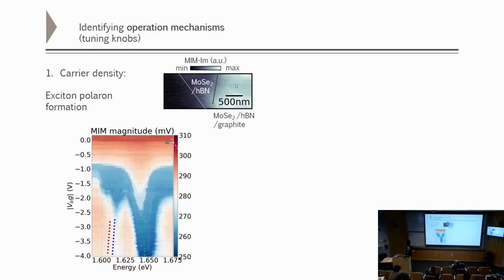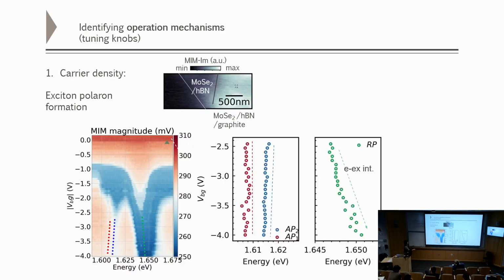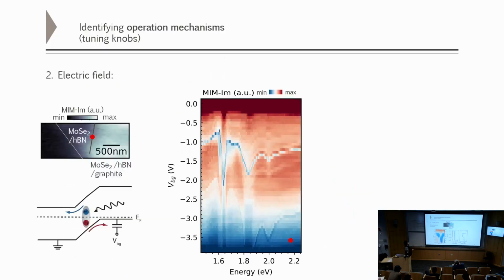That interaction leads to the splitting of the excitonic resonance into two energies, or more. That energy splitting, which changes with the carrier density or the backgate voltage, summarized here, is a signature of how much carrier density you have in your system.